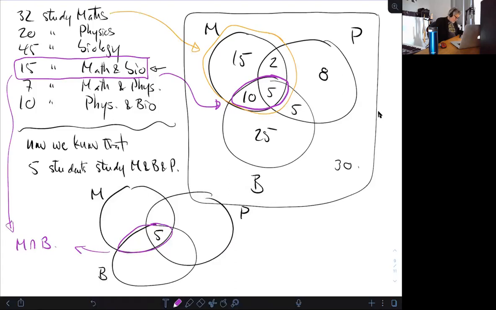And I know that there are 5 that study all 3. So I'd like to know how many study math and bio, but not physics. So that's the remaining part here. So if I have a total of 15, that gives me 10 here. Does that answer your question, Hisham?